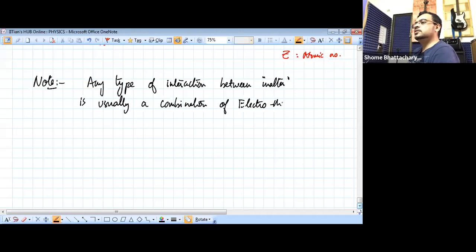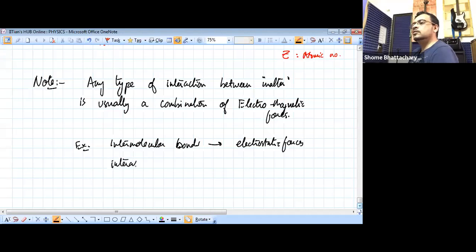What I mean to say is, for example, if you look at intermolecular bonds, what are they? They are electrostatic forces.